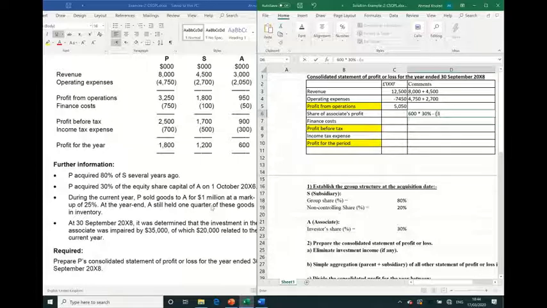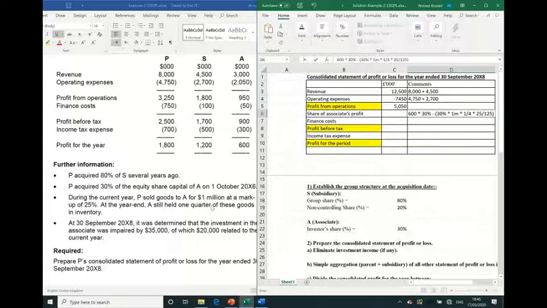So we need to exclude 30%, which is the group share, times 1 million, which is the sales, times 1/4, which is the items that remain in the inventory, times the markup, which is 25 over 125.